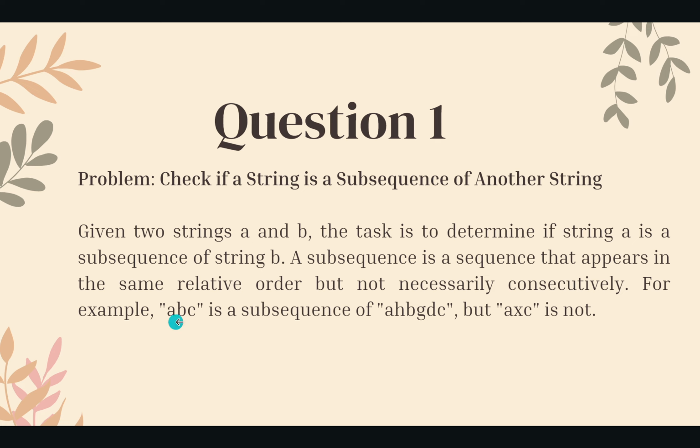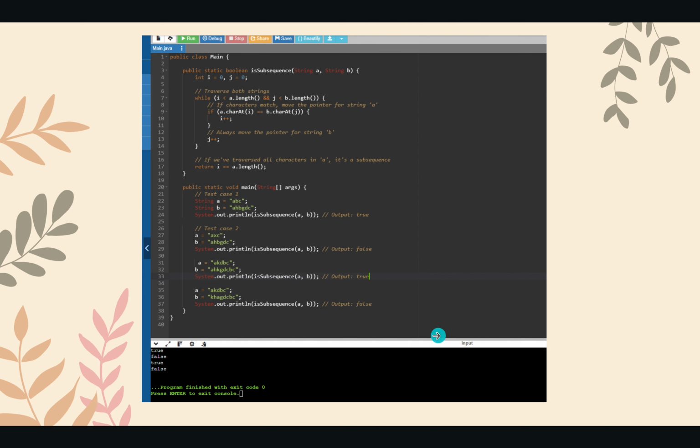For example, if string A is ABC and the other string is AHBGDC, then ABC is a subsequence of this string, because after A, B has occurred, and after B, C has occurred.